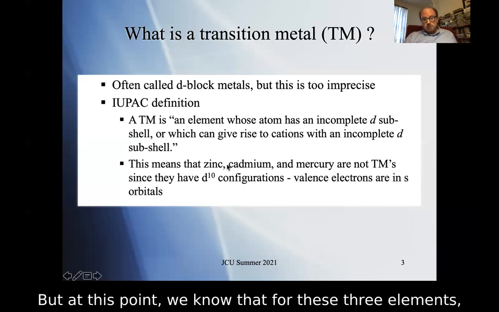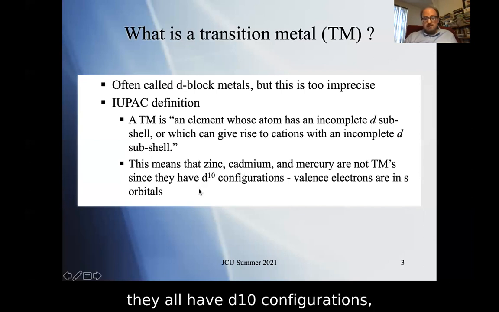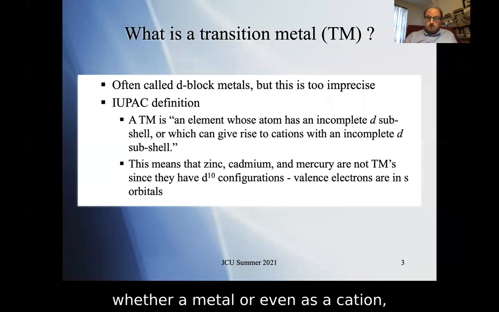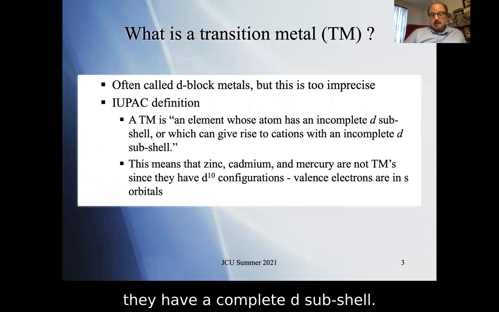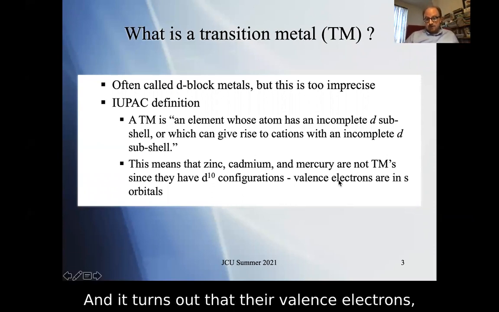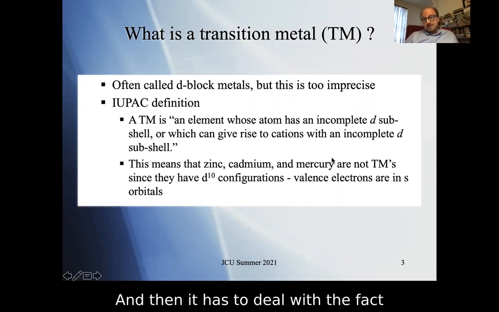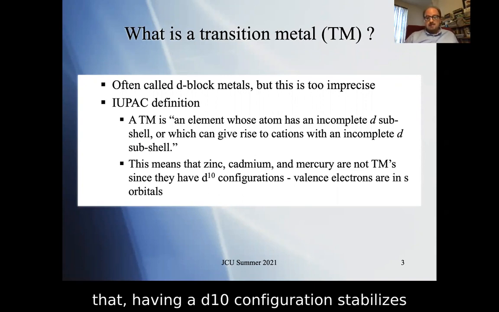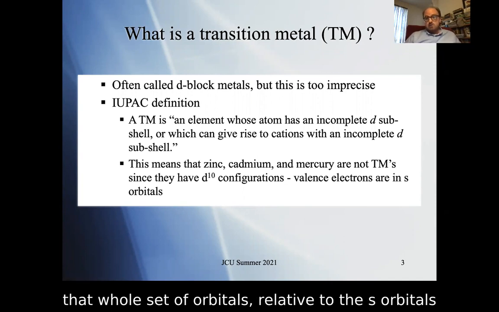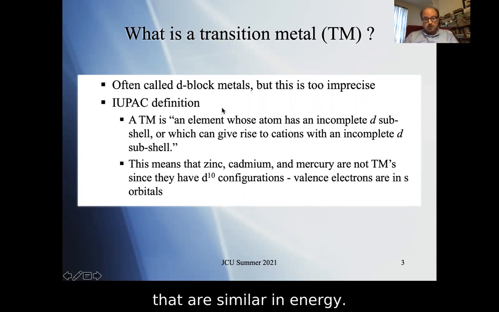But at this point, we know that these three elements all have d10 configurations, whether as a metal or even as a cation, they have a complete d subshell. And it turns out that their valence electrons, when they do form cations, are from s orbitals. That has to do with the fact that having a d10 configuration stabilizes that whole set of orbitals relative to the s orbitals that are similar in energy.